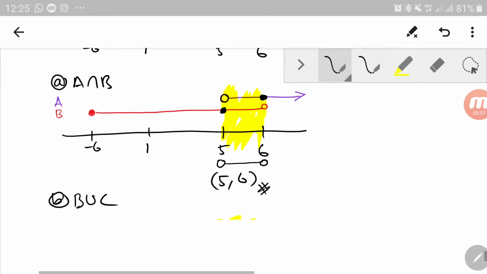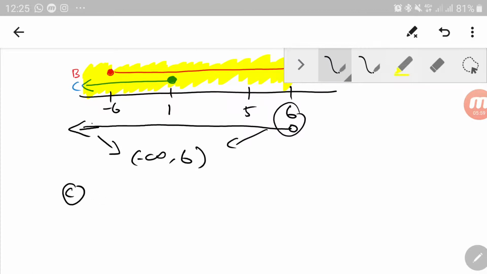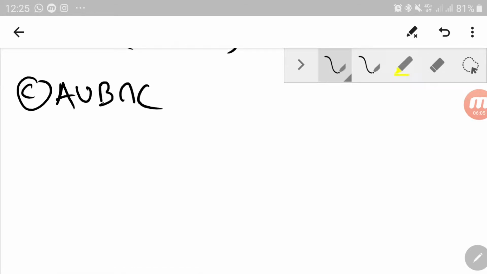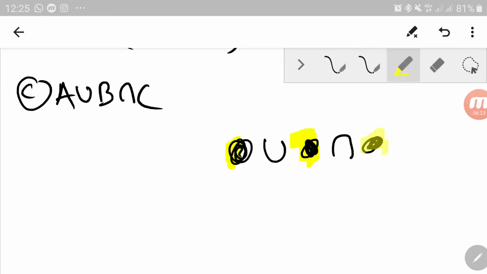A union B, intersect C. Now, in this example, we cannot do it right away, because unlike the previous examples with only one operator, in this case we have another operator, and we have 3 sets to deal with at one time.